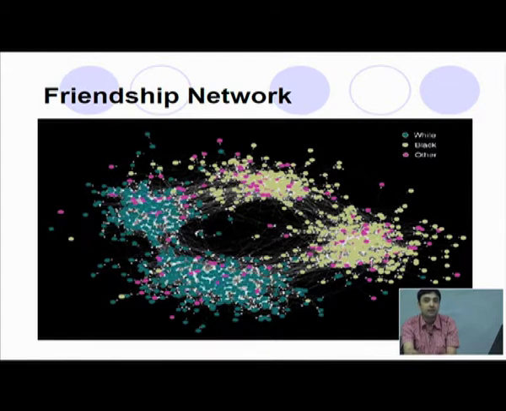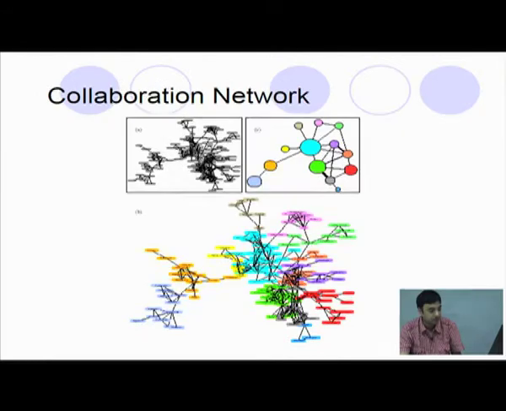So again there is this idea of modular organization, where you have basically two distinct groups, one with the black entities and the other with the white entities, and the other group is well spread.